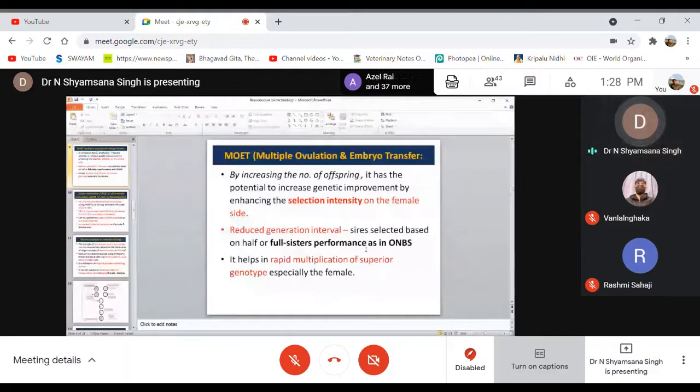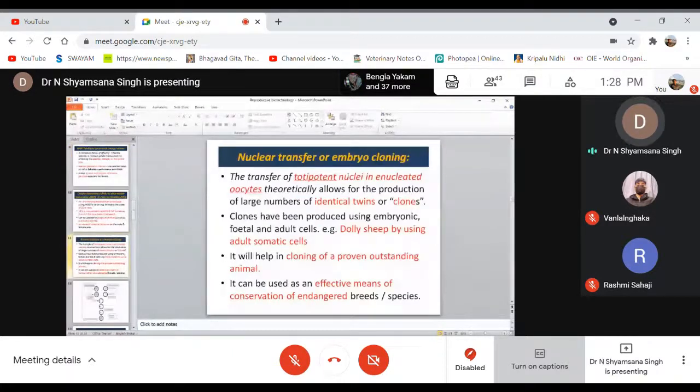Next is nuclear transfer or embryo cloning. Here we do transfer of totipotent nuclei. Totipotent nuclei means the nucleus contains the genetic material to grow as a full individual. In this way, we can have identical twins or cloning. As you know, Dolly the sheep was cloned using somatic cells, that is body cells.